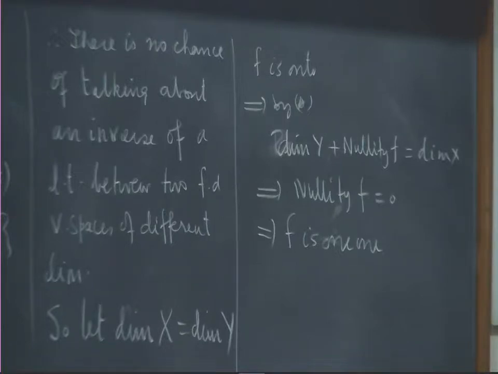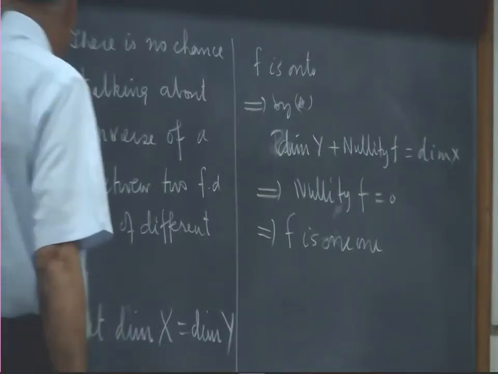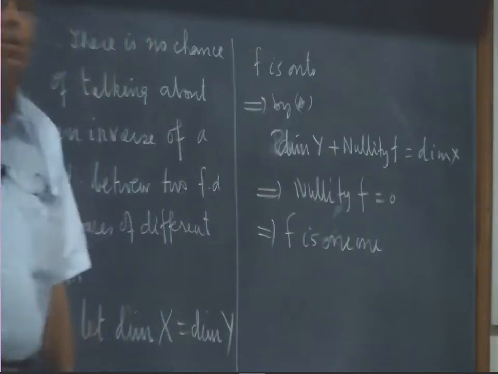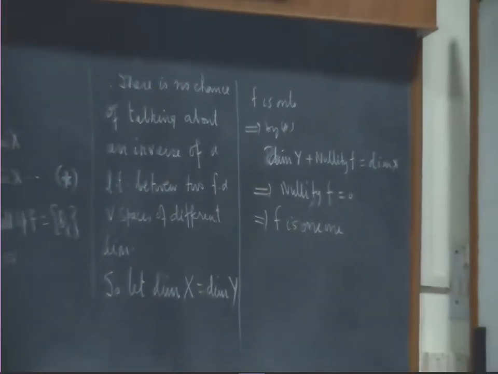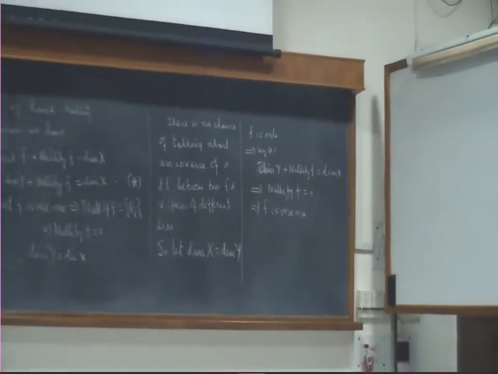If you have a linear transformation from a 10 dimensional space to another 10 dimensional space, if it is onto, it has to be 1-1 automatically. So any onto linear transformation between two finite dimensional vector spaces of the same dimension must necessarily be 1-1.